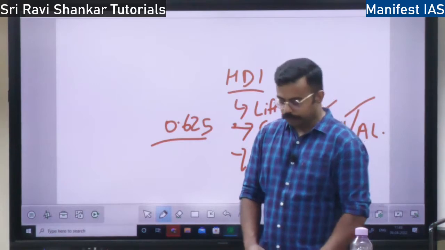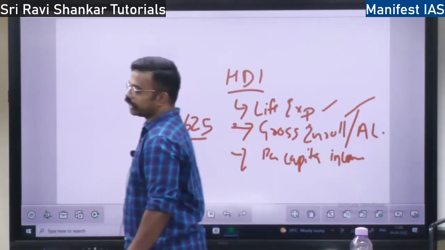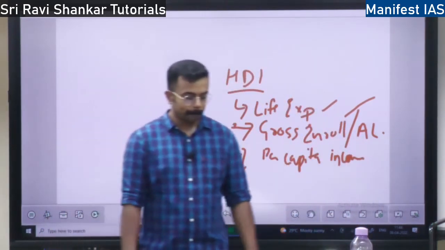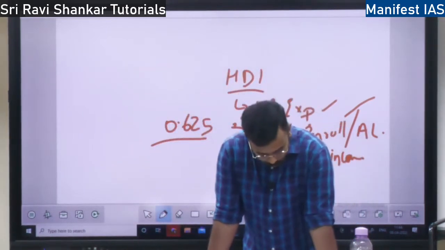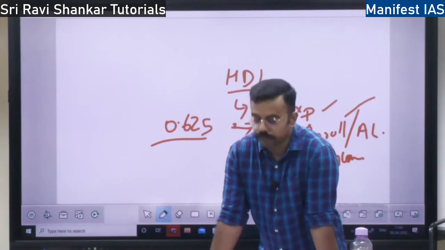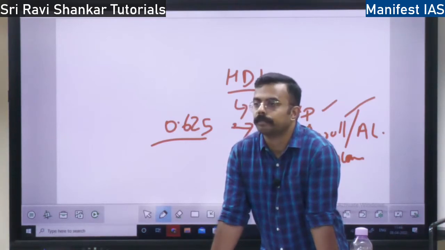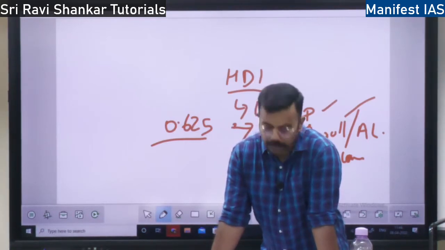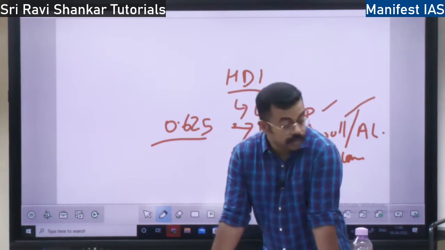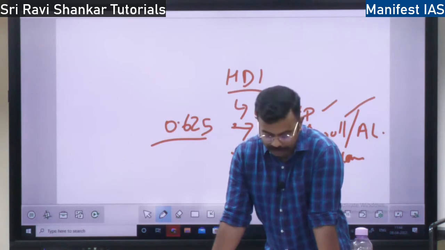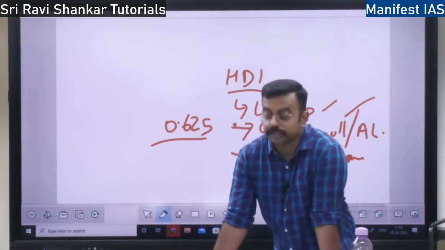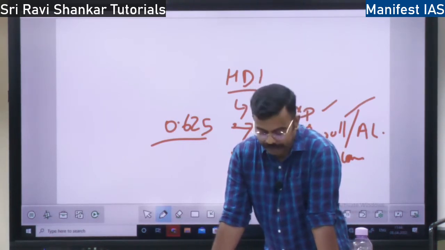But one bad thing is that the child sex ratio is decreasing. Sex ratio is the number of women per 1,000 men, right? That is decreasing, and the child sex ratio is also decreasing.